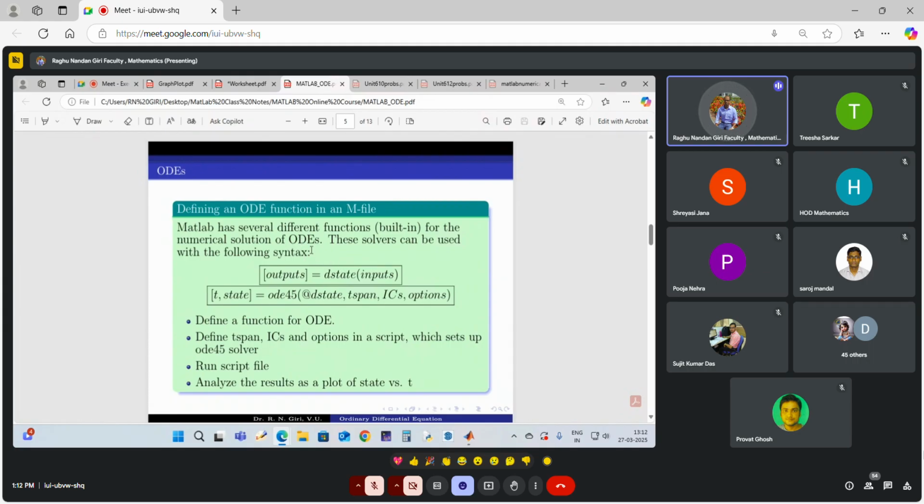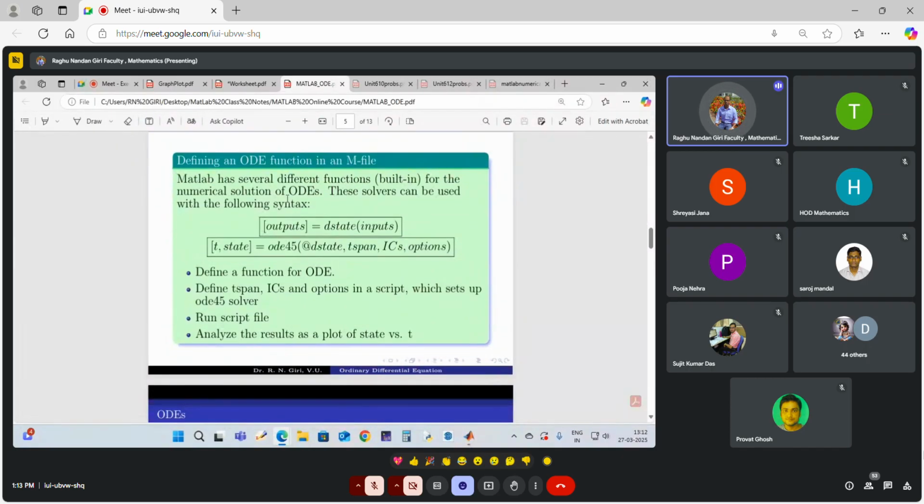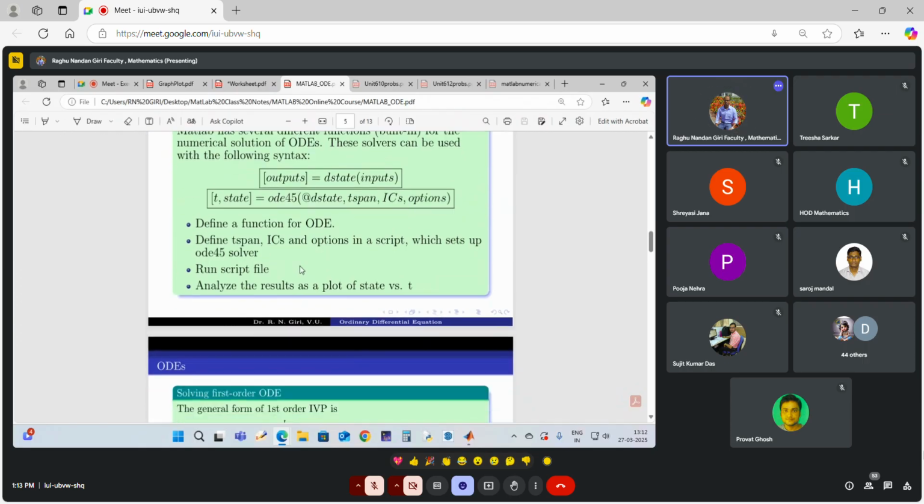To solve any initial value ODE, we have to define two functions or two scripts: one for the ODE, one to execute the solver.